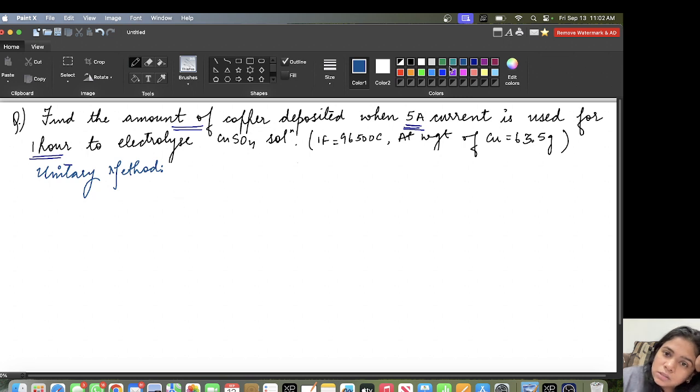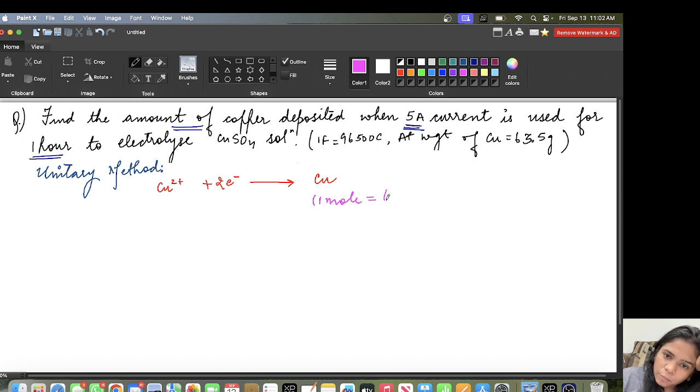See, you know the reaction, right? Cu2+ is accepting 2 electrons to give you copper. How many moles of copper? 1 mole.